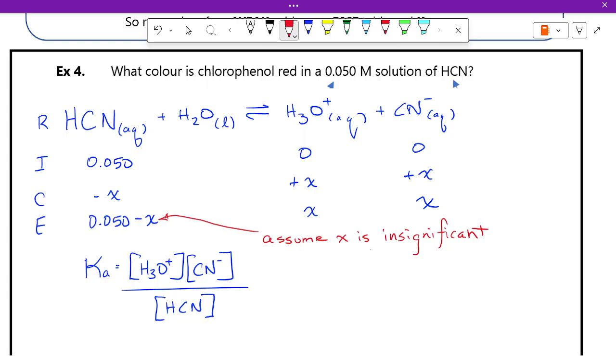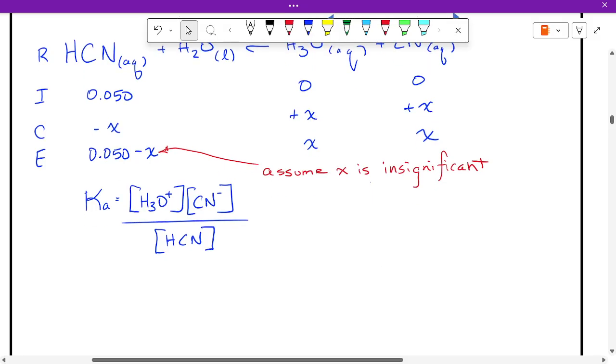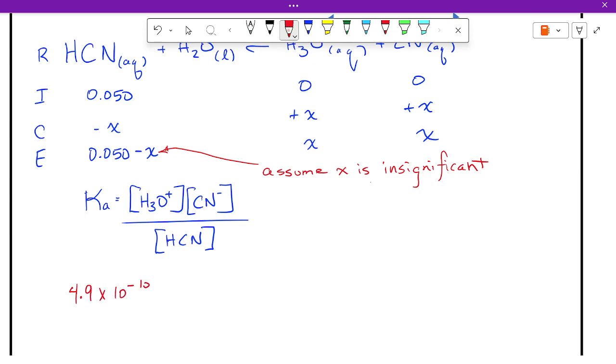So then you would do 4.9 times 0.050, and then we got a number like that. It's 4.9497 times 10 to the negative 6.